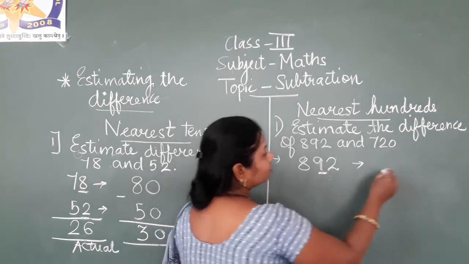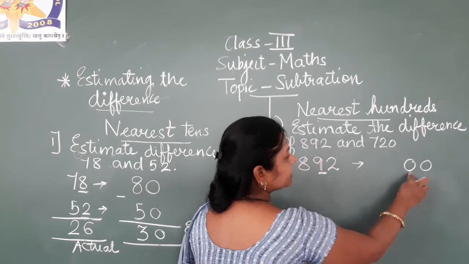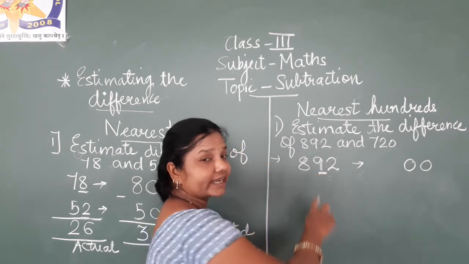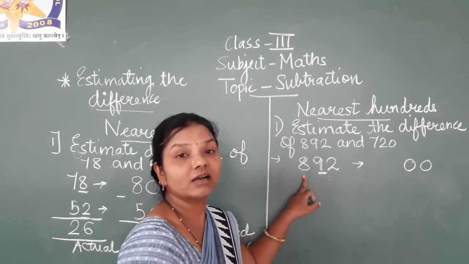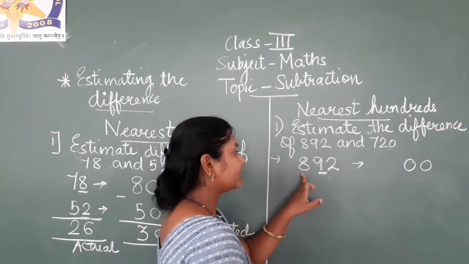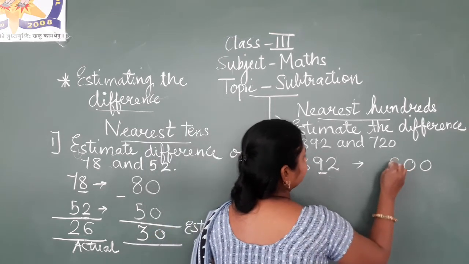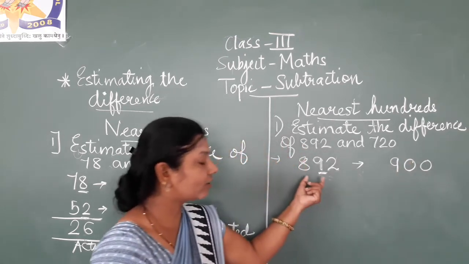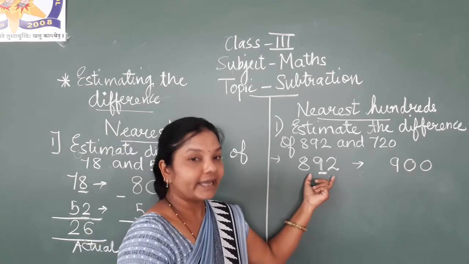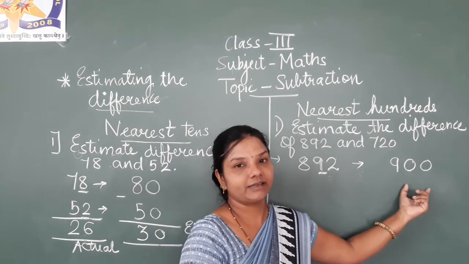If it is in second group, put 0 and 0 at tens and ones place, and add 1 to the hundreds place. That is, if we add 8 and 1, it becomes 9. So the rounded off number that we get after rounding off 892 to nearest 100 is 900.